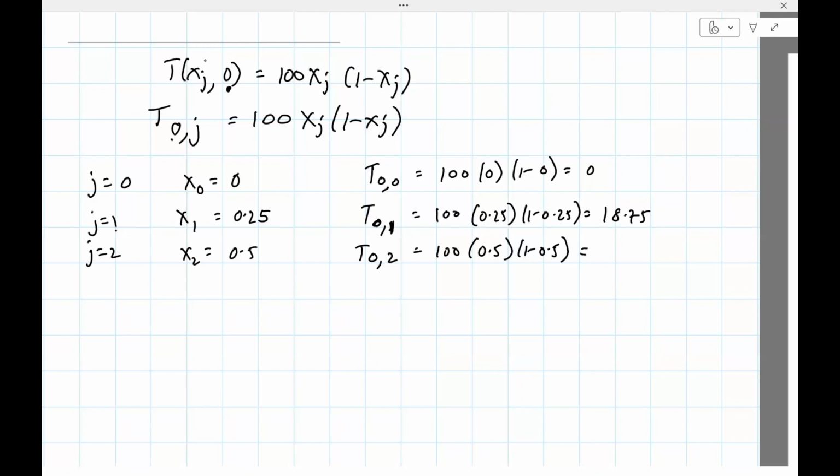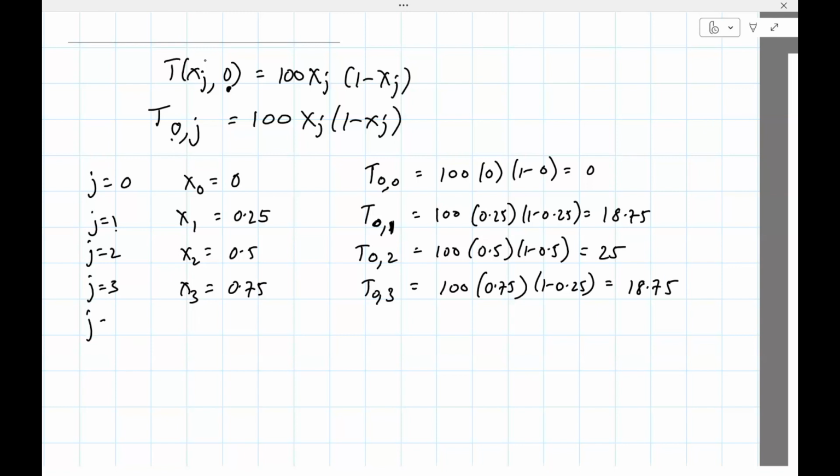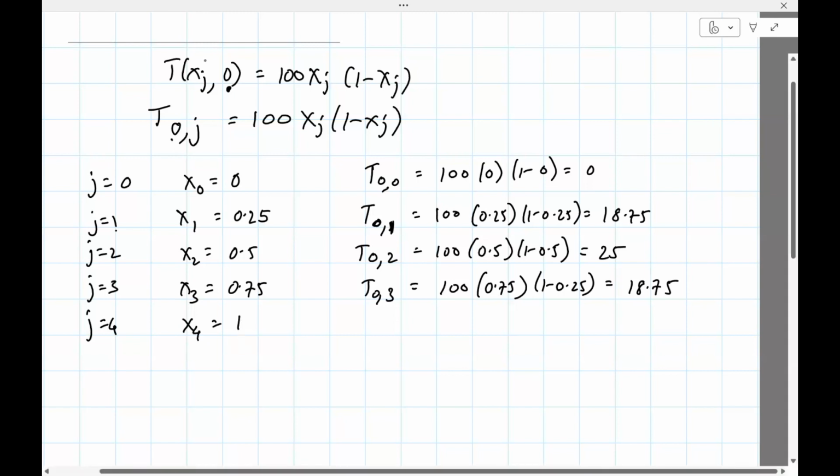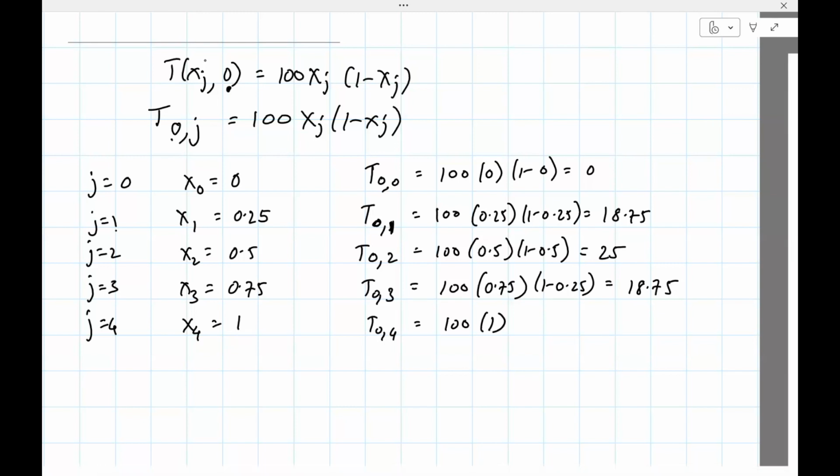That comes out to be 25. j equals 3: x3 equals 0.75, 0 comma 3 is 100 times 0.75 times (1 minus 0.75), equals 18.75. j equals 4: x4 is 1, 0 comma 4 is 100 times 1 times (1 minus 1), which is 0.